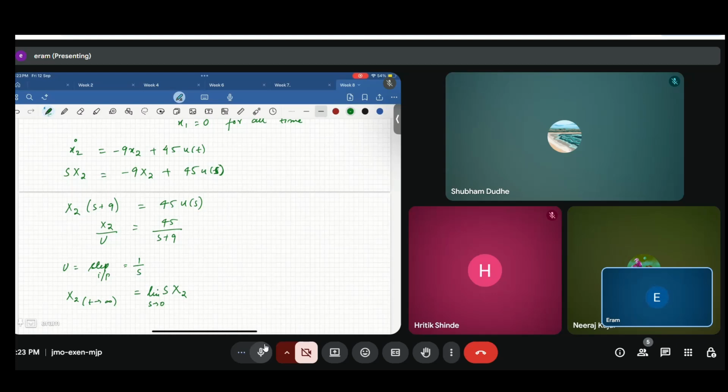What is x2 from here? x2 equals 45 into u, and u is 1 by s, so 45 into 1 by s divided by s plus 9. So it is the limit as s tends to 0 of s into 45 into 1 by s divided by s plus 9. The s will cancel out, and we have 45 by s plus 9, and with s equal to 0 that is 45 by 9.